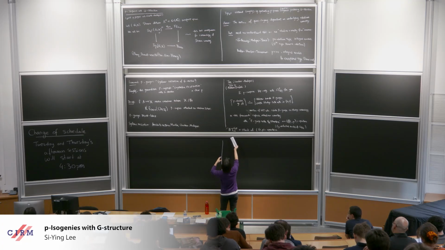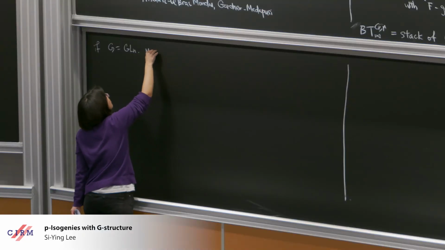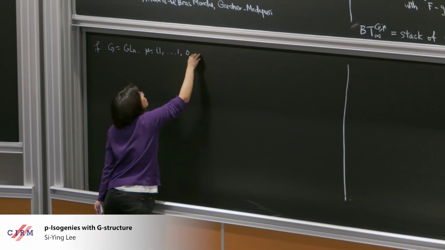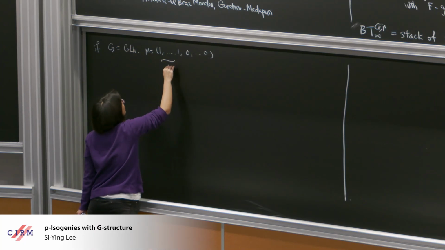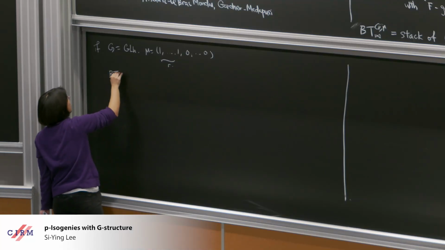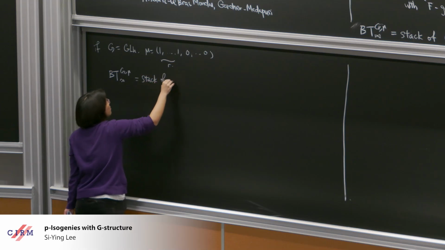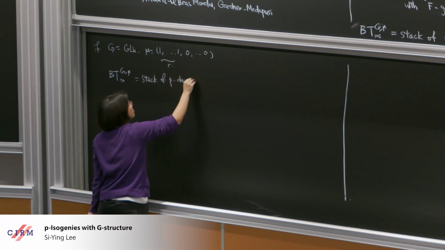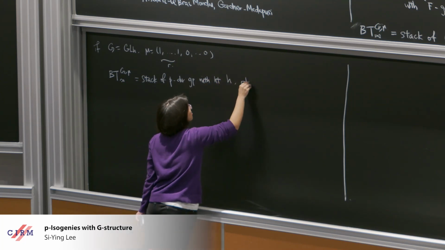So you're supposed to think that in a situation where G is GL_n and mu is, say, (1, 1, 0, 0), then with GL_h and this being r, this is supposed to be the stack of p-divisible groups with height h and rank r.